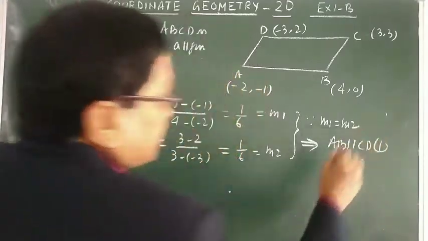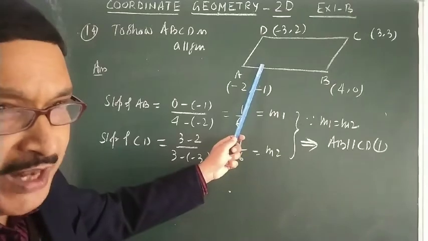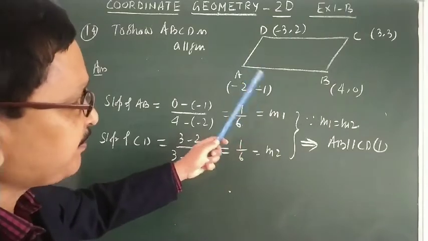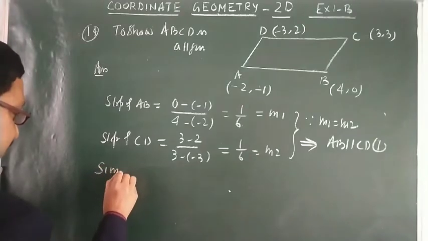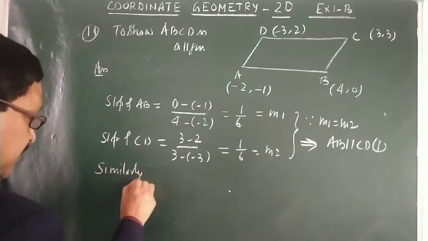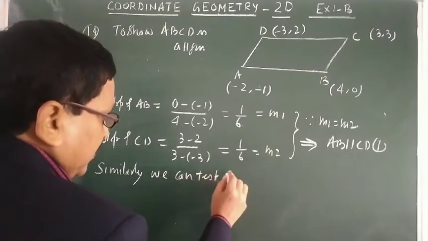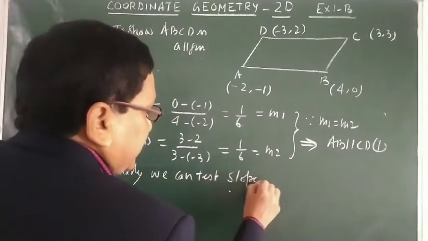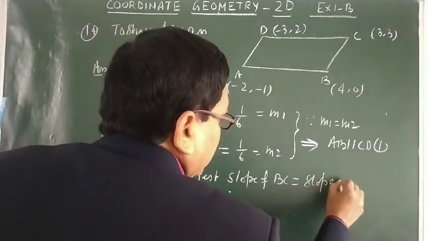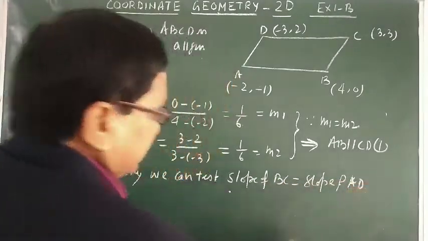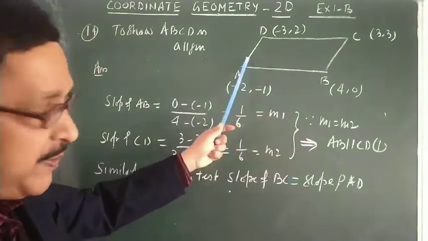First, one pair of opposite sides should be parallel and the other pair should also be parallel, only then it will be a parallelogram, otherwise it may not be a parallelogram. Now we test. Similarly, we can test whether the slope of BC is equal to the slope of AD.